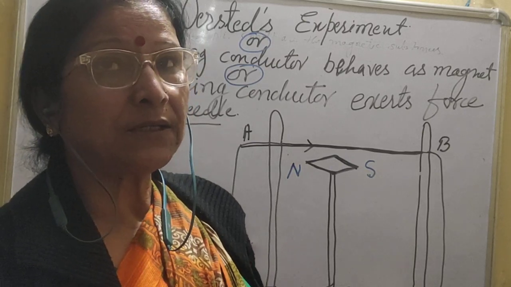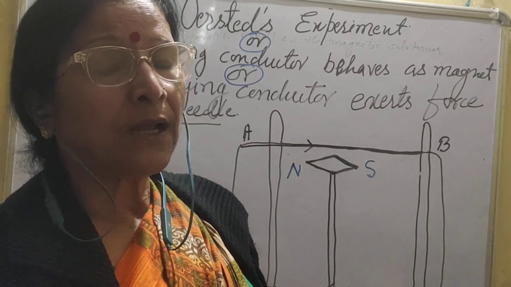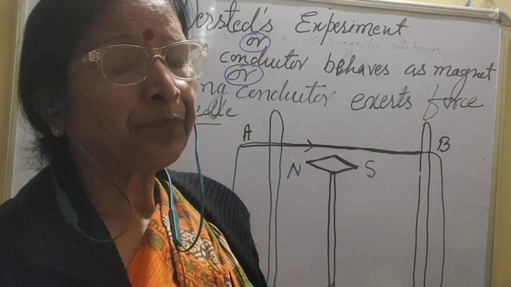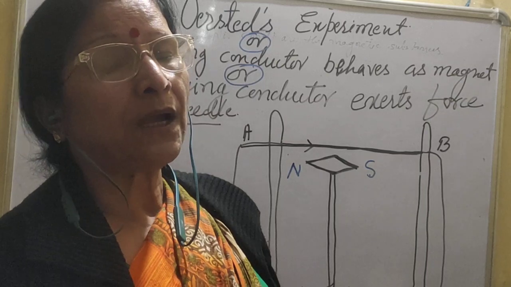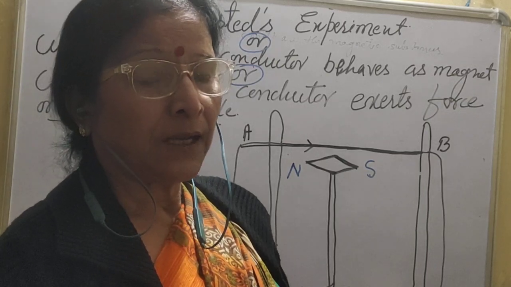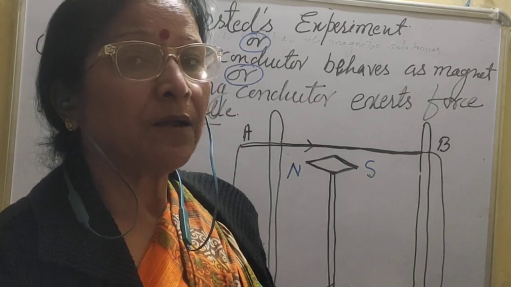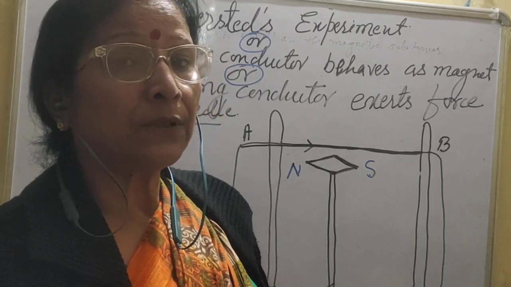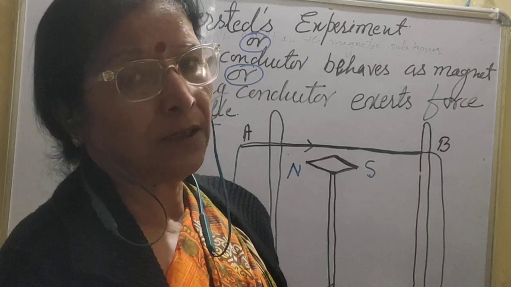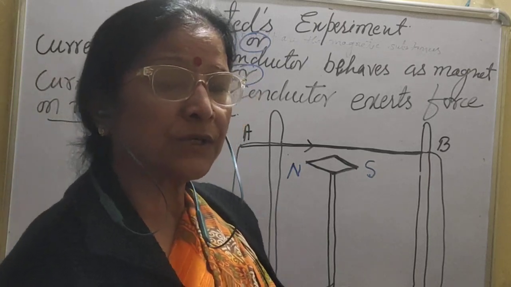To show that, he did this experiment. I am explaining that experiment, and in the next video I will show you this activity, that a current carrying conductor behaves like a magnet, or electric current can be used to make a magnet. So let us start Oersted's experiment.